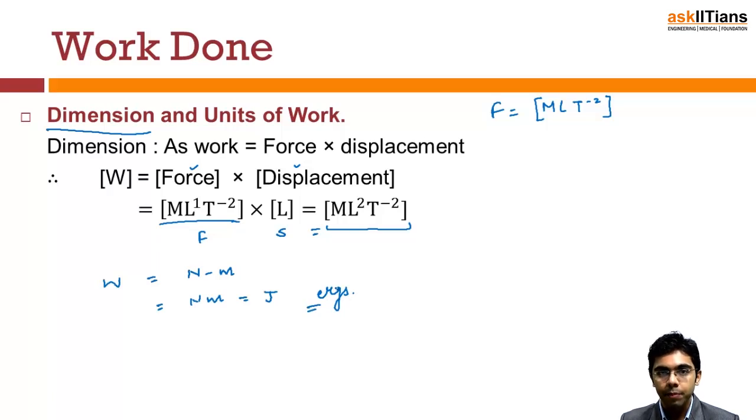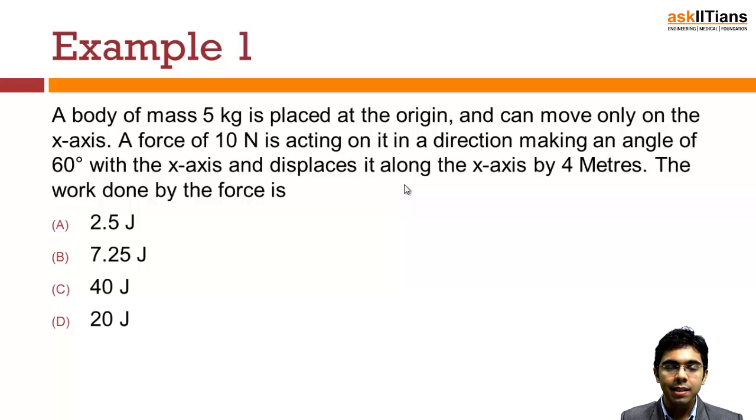Now let's proceed. The first example says that a body of mass 5 kgs is placed at the origin and can move only on the x-axis. That means it is a one-dimensional motion, and the mass of the body is given as 5 kgs.